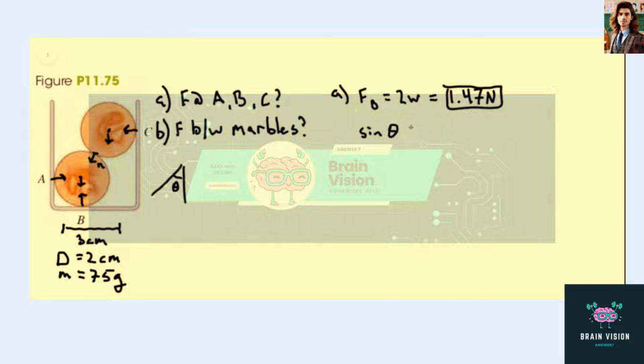The sine of theta is going to be r over 2r, because the opposite side here is going to be the radius, and the hypotenuse has to be 2r because it's one diameter. So the sine of theta is 1/2, which implies that theta is 30 degrees.